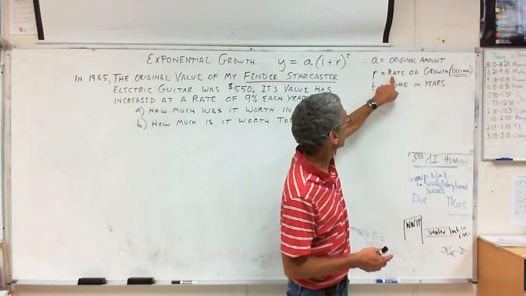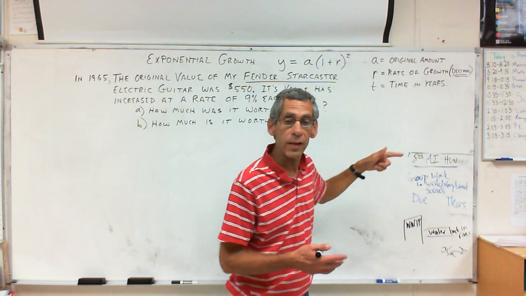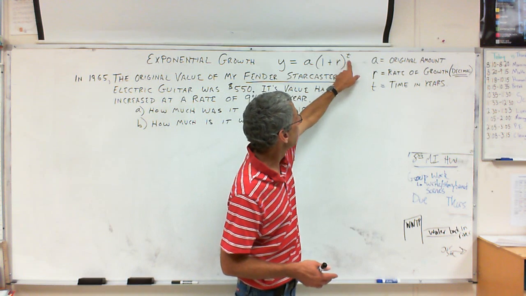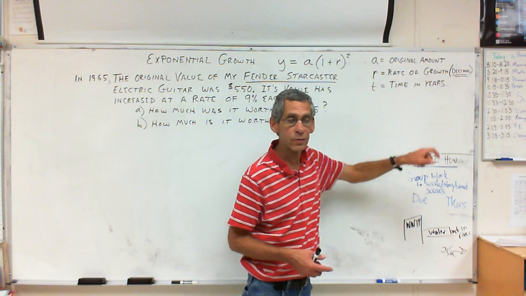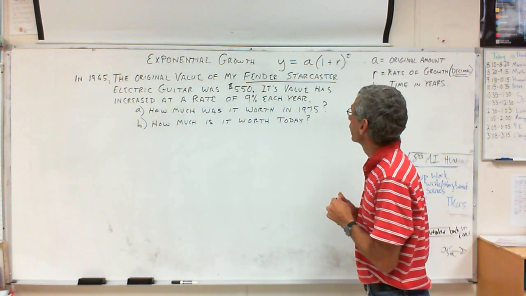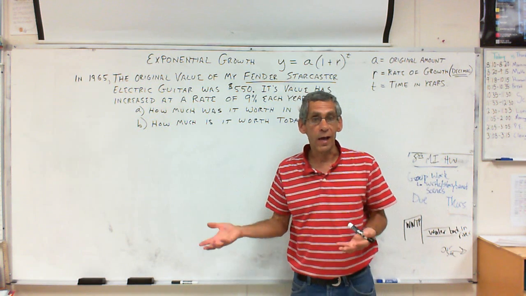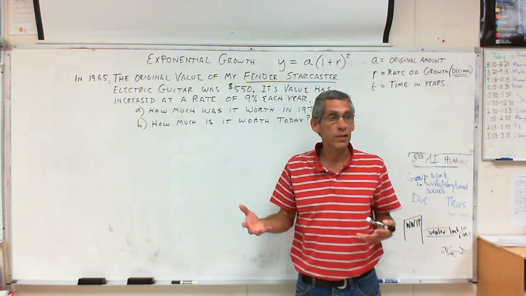R stands for the rate of growth, and it's always expressed as a decimal. And lastly, T is the time in years. And Y, by the way, is what you're trying to find. It's like the value now. What is it worth now? Or what's the population now?